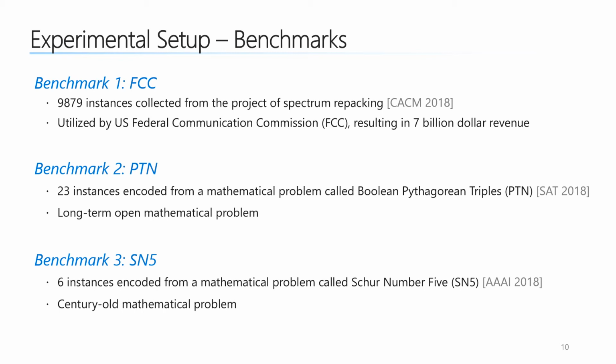The second benchmark is PTN, which includes 23 instances, encoded from a long-term open mathematical problem. The third benchmark is SM5, which consists of 6 instances, encoded from a mathematical problem called Schur Number 5. This is a century-old mathematical problem.